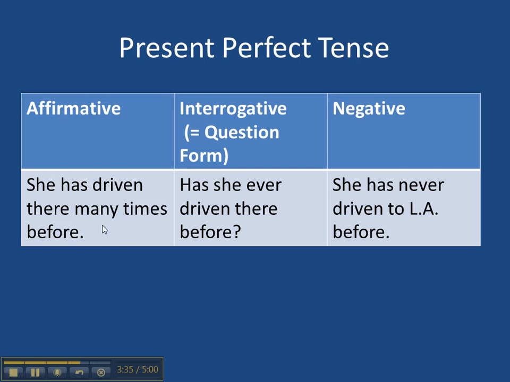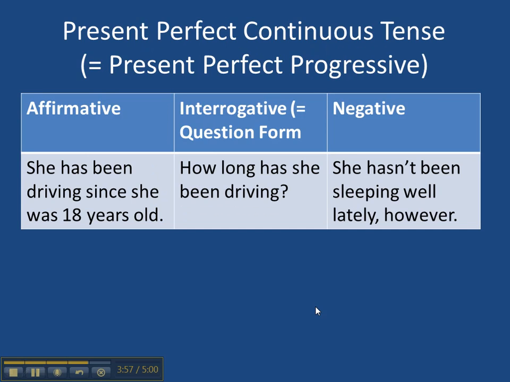But here it's being used to express something that happened again and again in the past, with the idea that it somehow connects with the present or the future. Over here, when you use ever or never, that's another situation where you use the present perfect.